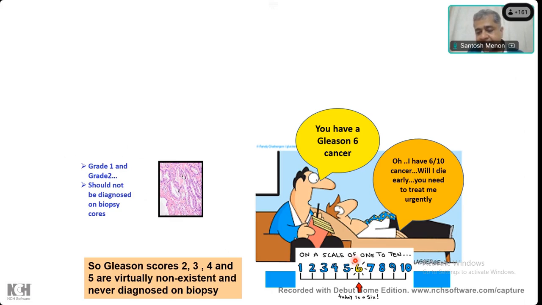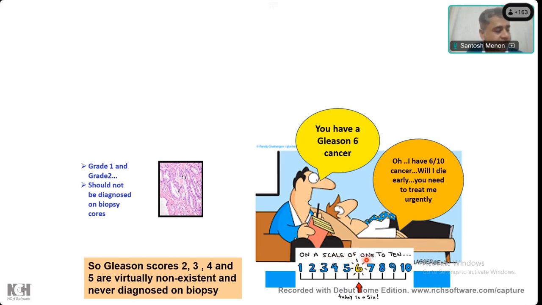Now 6 places the patient in the middle of the spectrum of 2 to 10. So what the patient feels is, I have a 6 out of 10 Gleason cancer and I will die in some time if I don't get treated. But in practicality, this is the minimum cancer which can be diagnosed. You cannot diagnose a Gleason score 5 or 4 on a core biopsy.